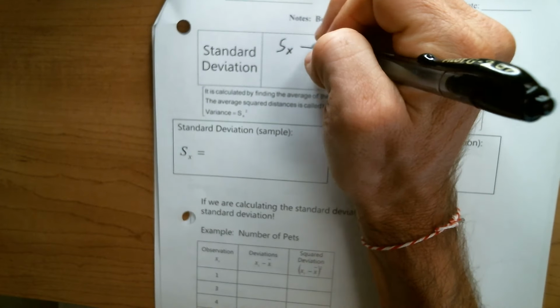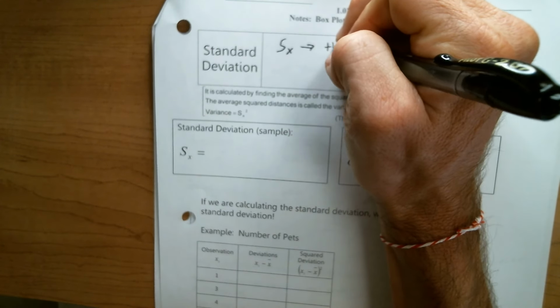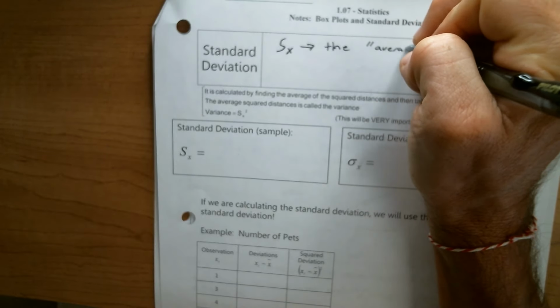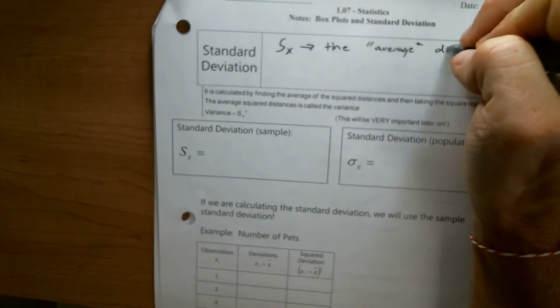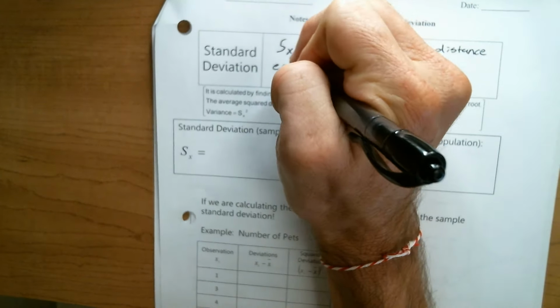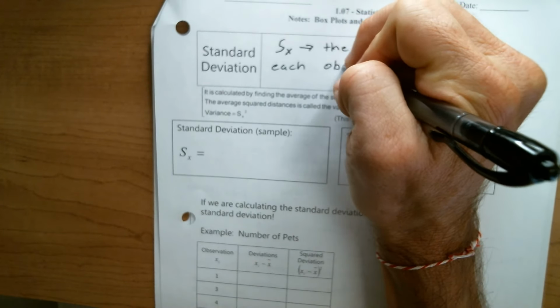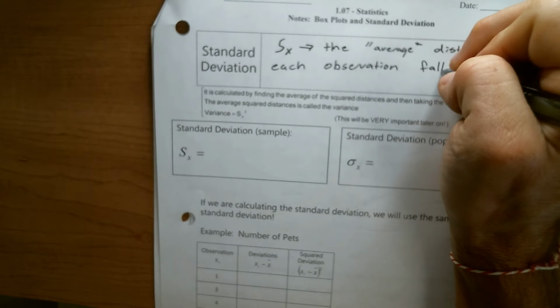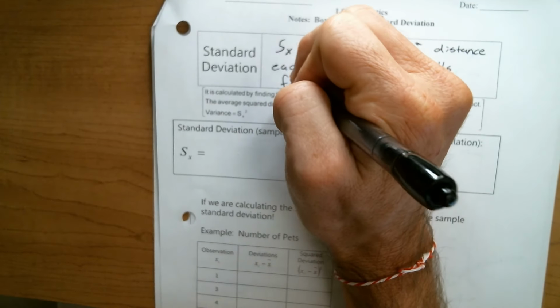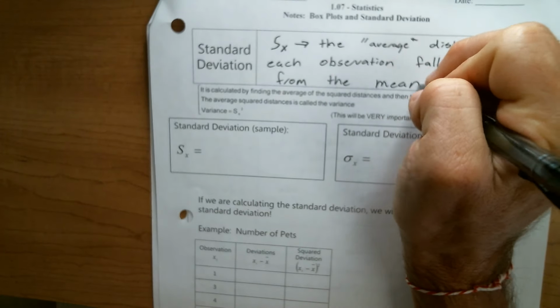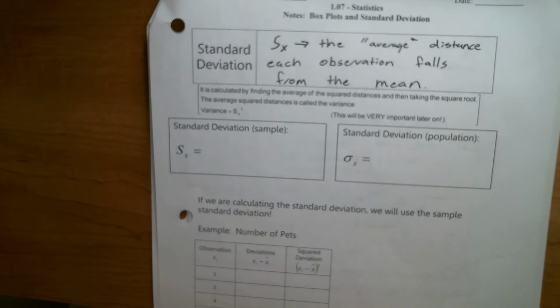And this is the average distance each observation falls from the mean.